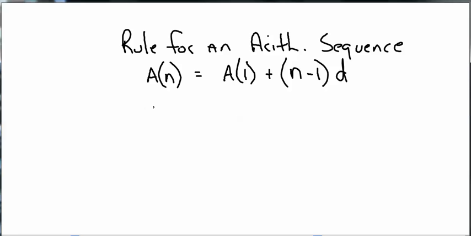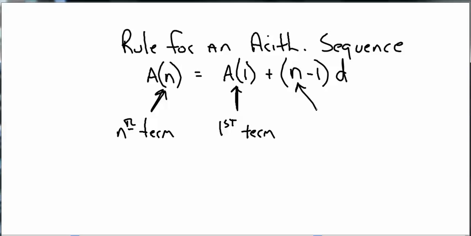So here, add this. This is the nth term. A of 1 is your first term. There's the term number. And d is your common difference.